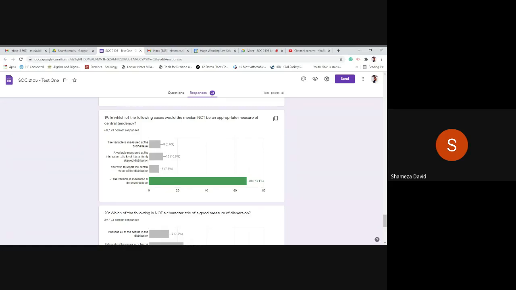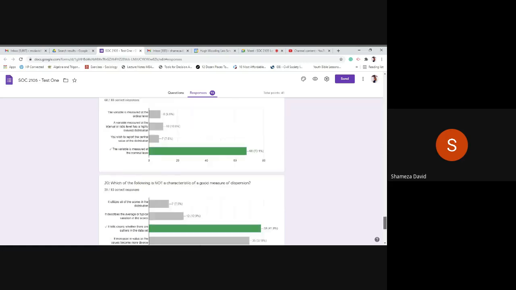The median will be used when you have a skewed distribution because it is unbiased. It's at the center. So nobody should have selected this option, and that would have cost some persons some marks.